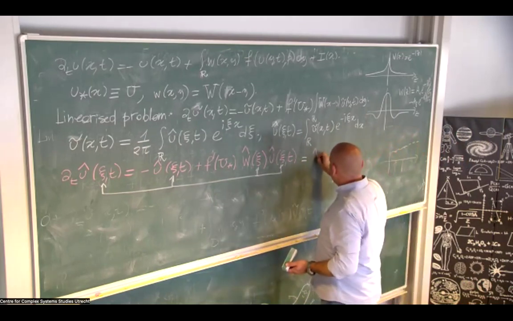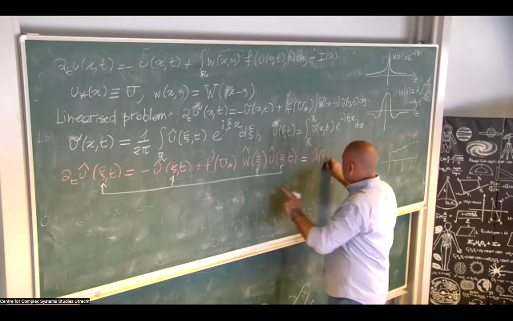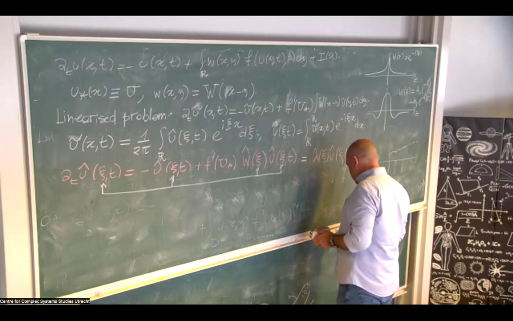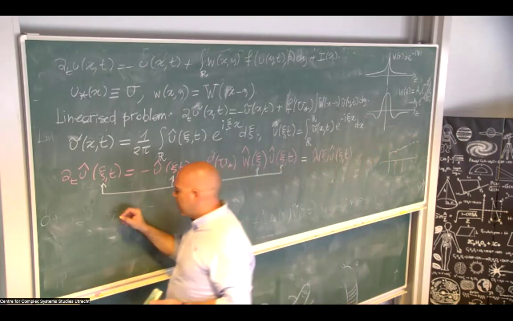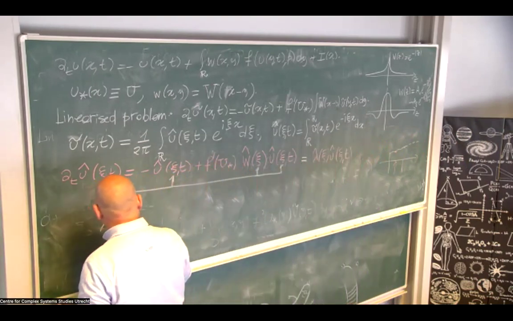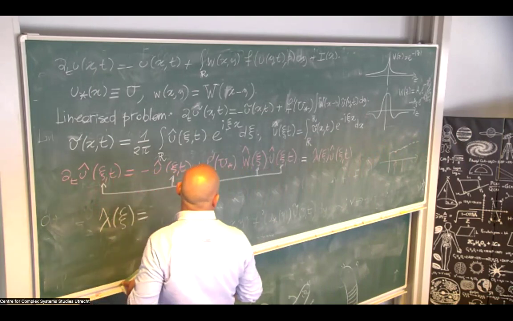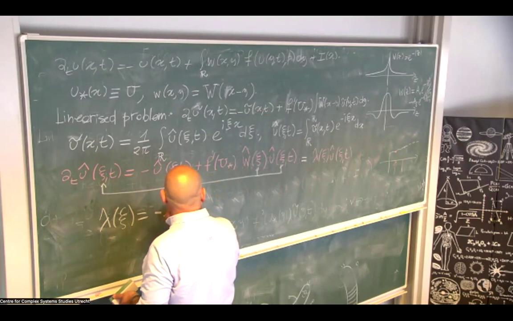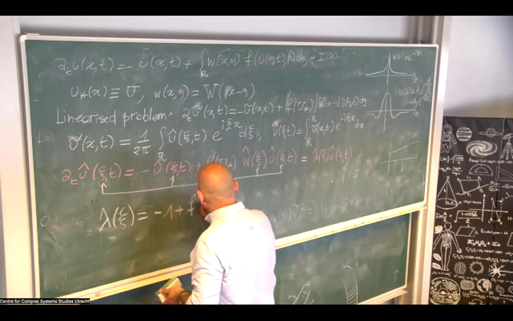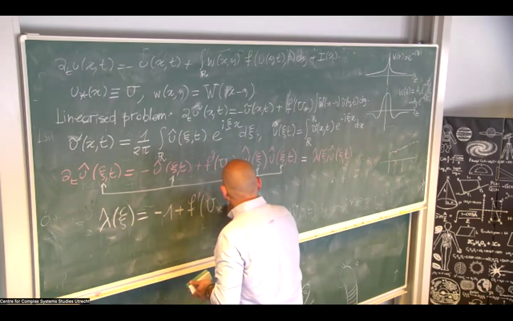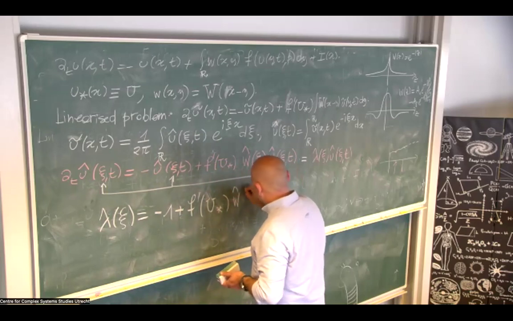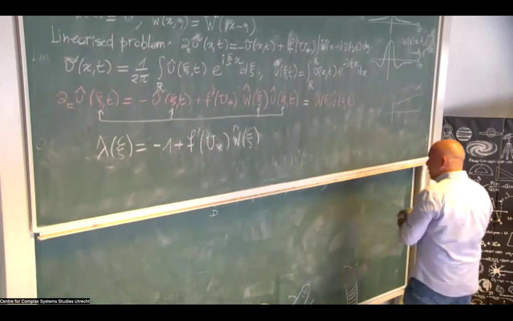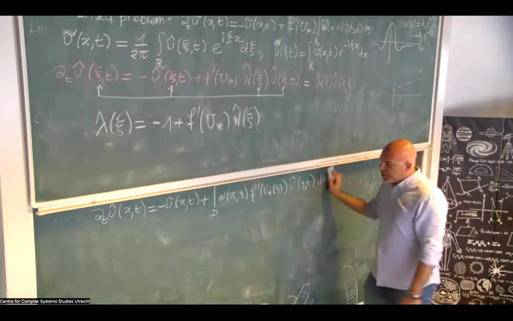You have lambda of psi times u hat of psi,t, in which lambda, this is an important parameter, equals minus 1 plus f prime at u star times w hat of psi. I mean, this may not look like progress, but we're basically done.